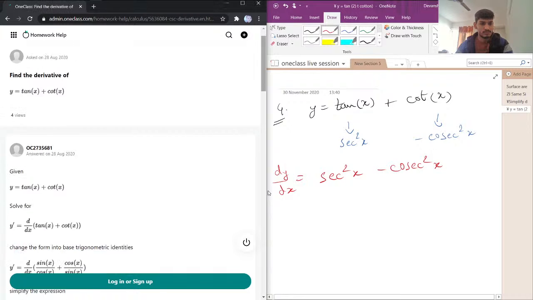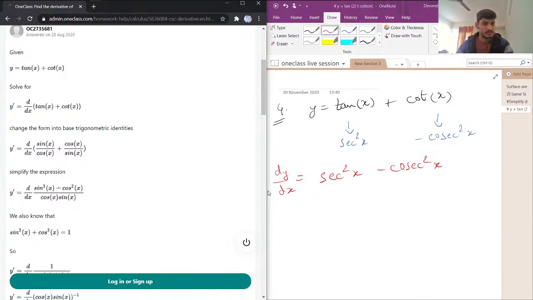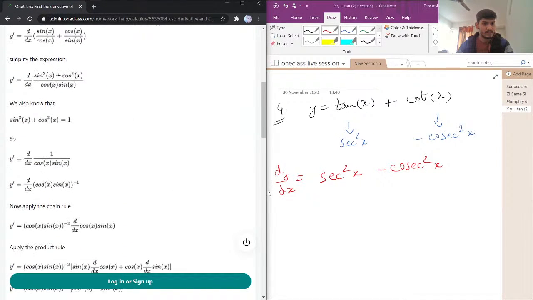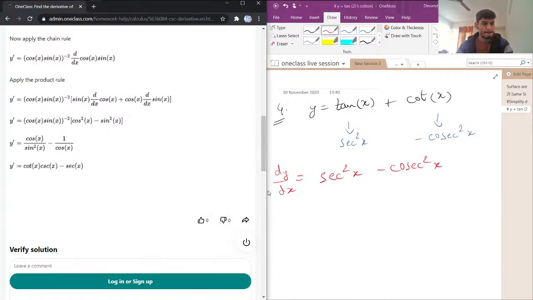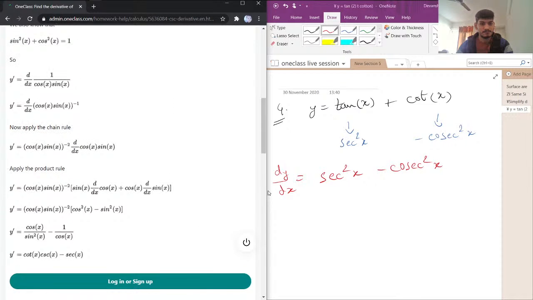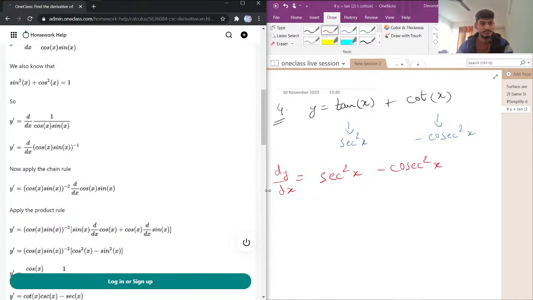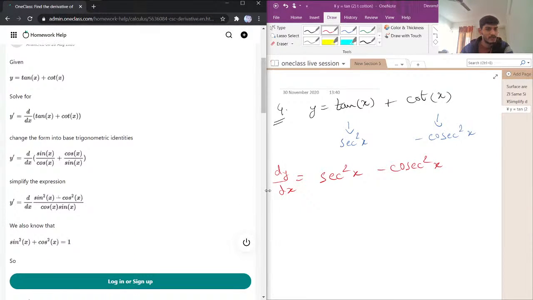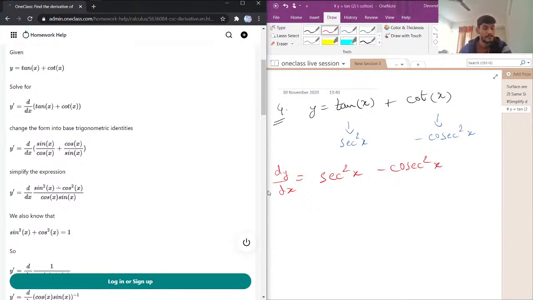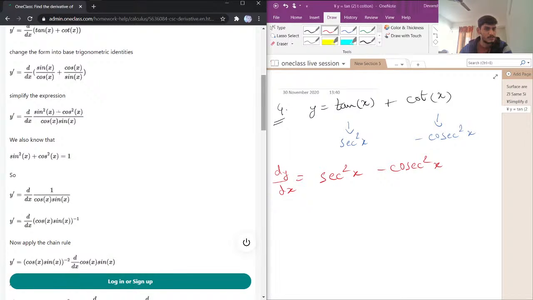Do we need to simplify this? Okay. So here they have separated sine and cosine, then they have simplified it.